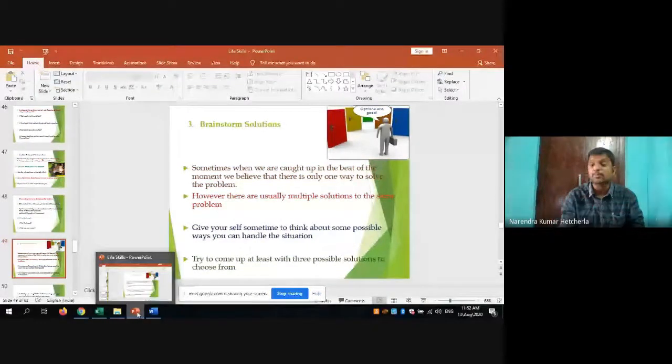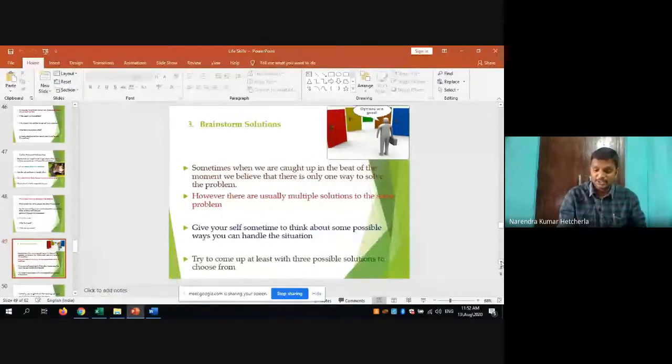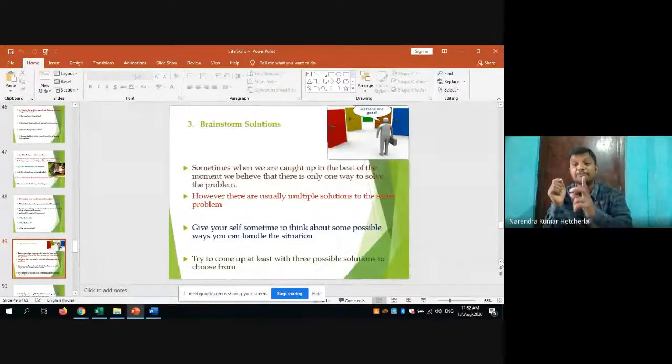Next, try to come up with at least 3 possible solutions to choose from. Let me tell you, the difference between an average student and a good student is that a good student studies once or twice or thrice, jots down what he has studied, then makes another note, and finally a fair note.